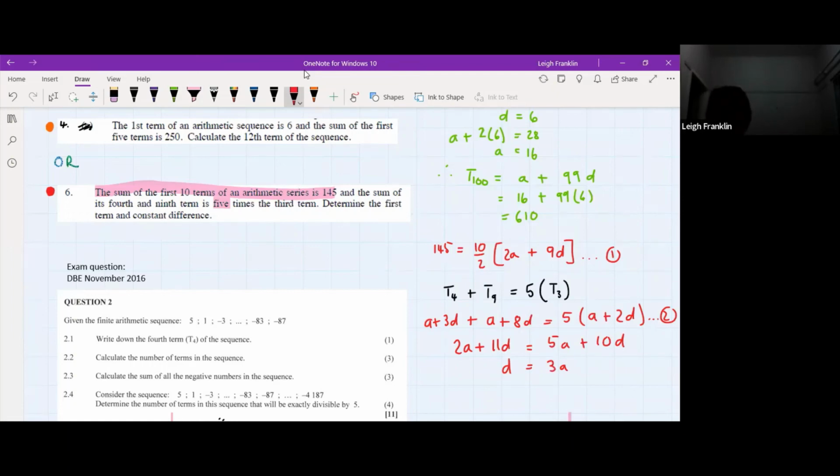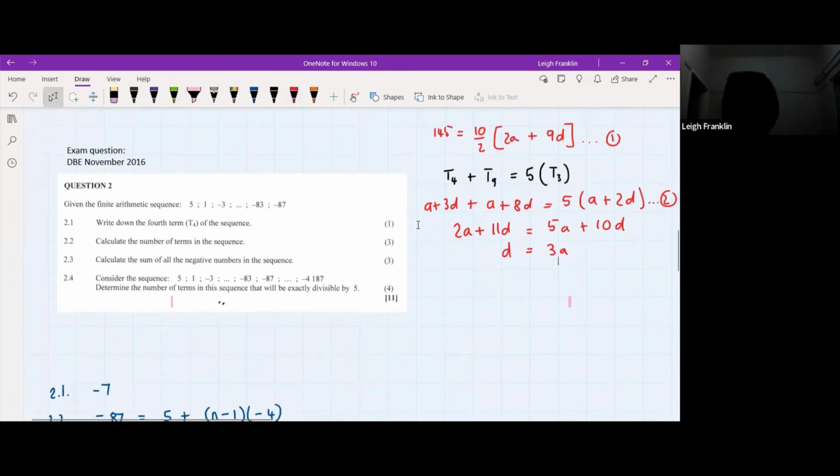And now what I'm going to do is go and sub back into equation number 1. All right, so I'm going to take this D is equal to 3A, and I'm going to replace the D over there with 3A. All right, matrix.